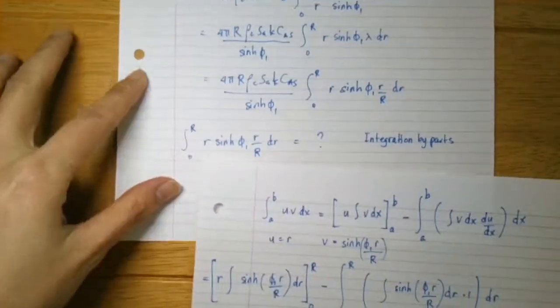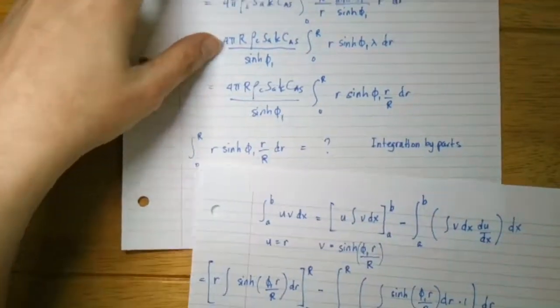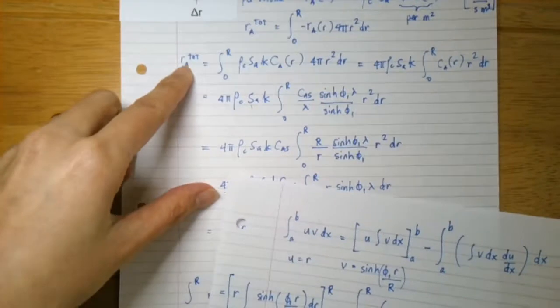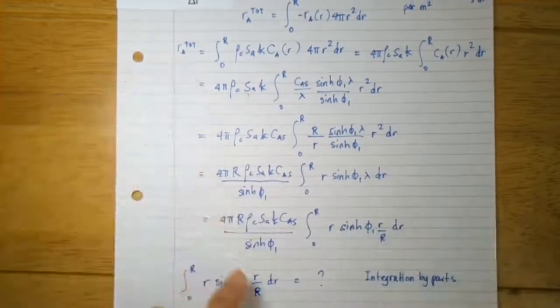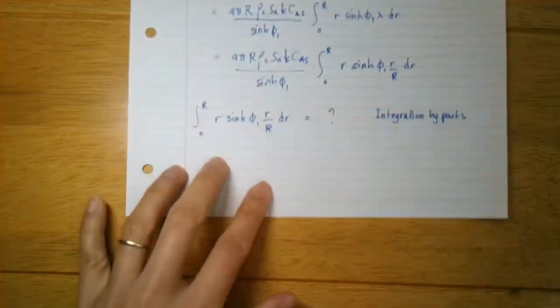Now we know this integral, so we can write the expression for RA total. RA total is just this bunch of constants times the integral. So let's write that down.